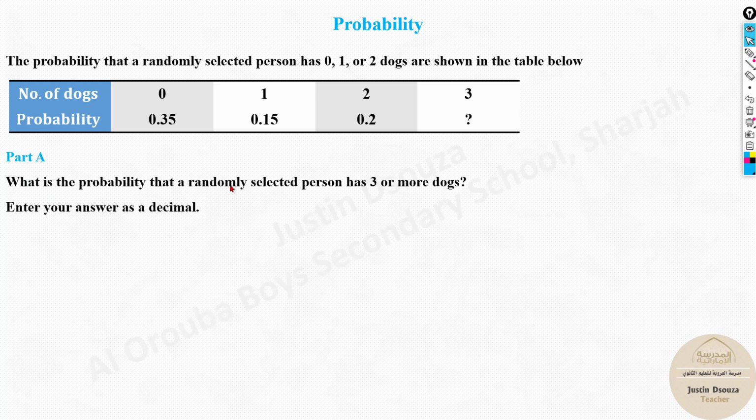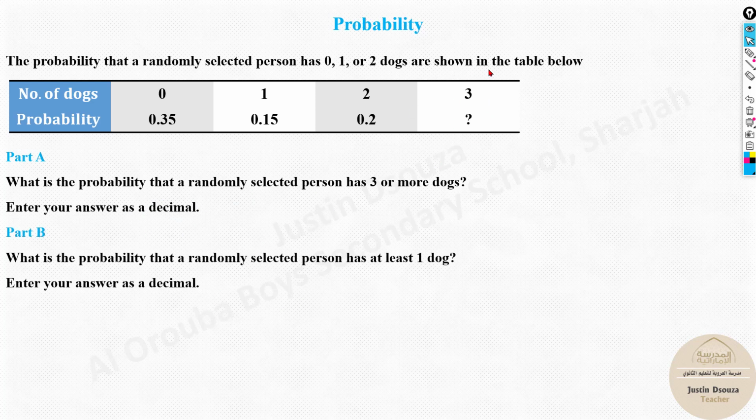What is the probability that a randomly selected person has 3 or more dogs? Enter your answer as a decimal. Now over here, we will just focus on 3 or more. That would mean whatever is more than this. It can be 4, 5, 6, anything.